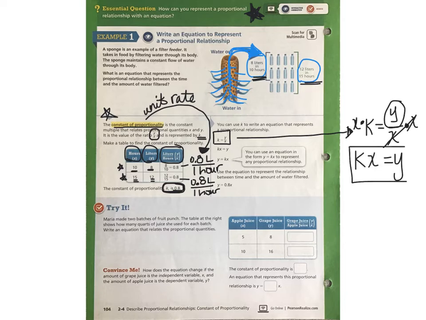Now you might be wondering, well, why is that written slightly differently here? And that's because we often put the y equals on the left side of our equation, and then the variables on the other side usually go in alphabetical order. Now when we need to write the equation that describes that relationship between the time and the amount of water filtered, we are going to use the equation y equals k times x.